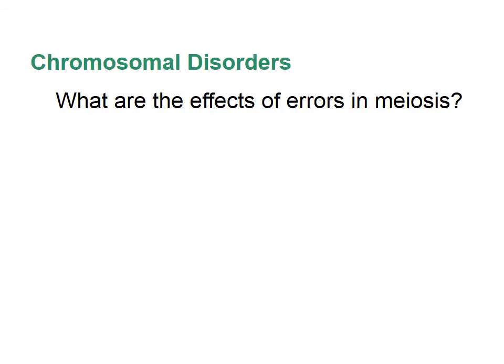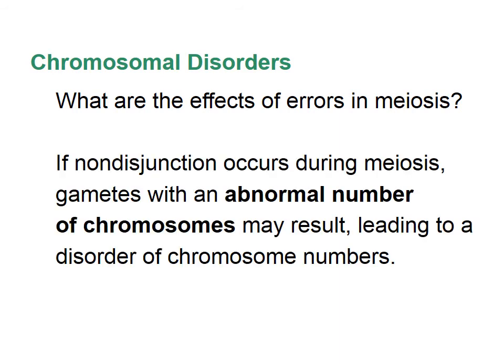So non-disjunction, just another review. Non-disjunction is an error in meiosis when the chromosomes fail to separate correctly. And the result of non-disjunction would be an abnormal number of chromosomes. Okay? And the disorder is of chromosome numbers. So normally it's either going to be what?